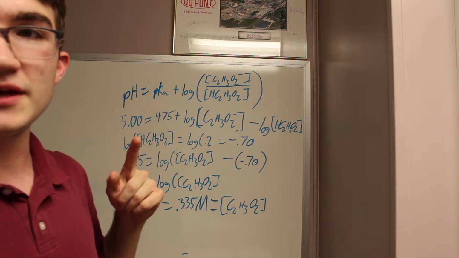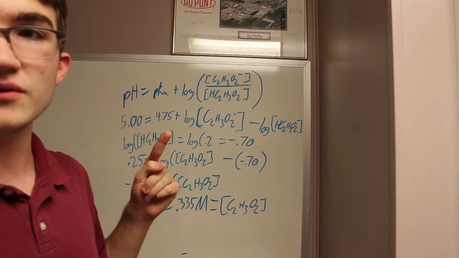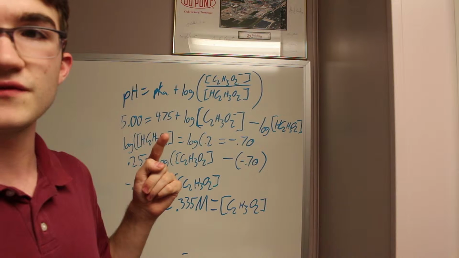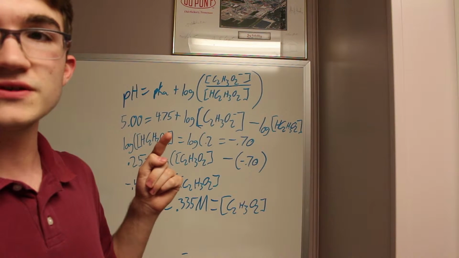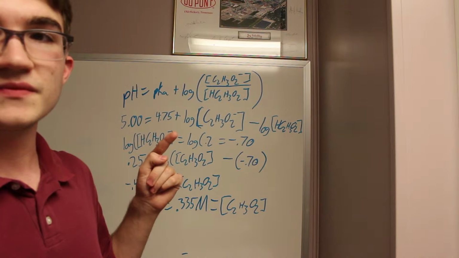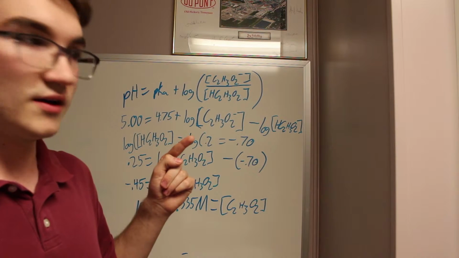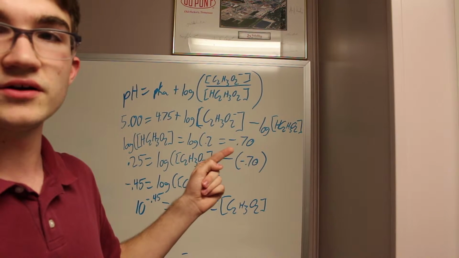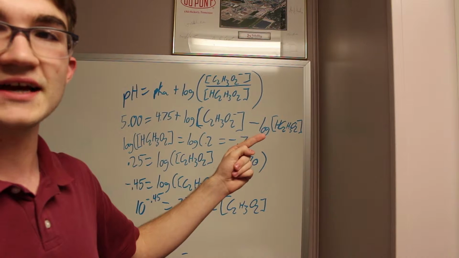So we know that the pH was 5. We don't quite know the pKa yet, but we can find that. And this also equals the log of the acetate minus the log of the acetic acid.